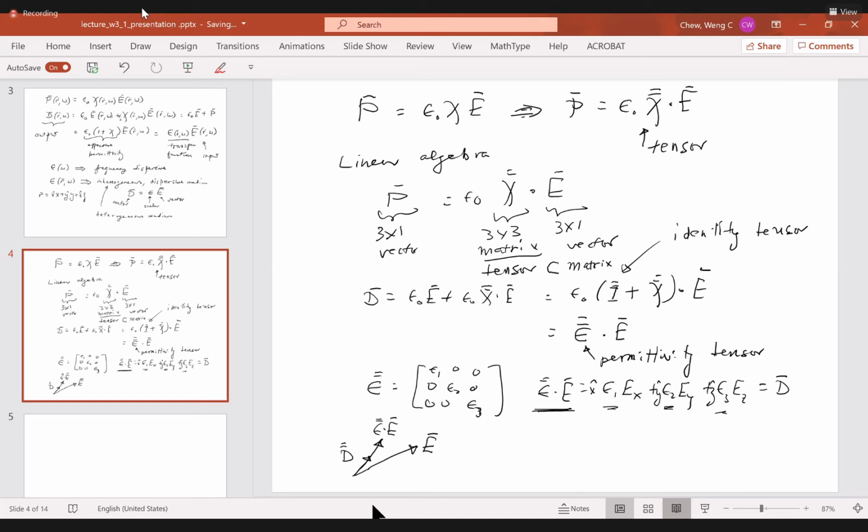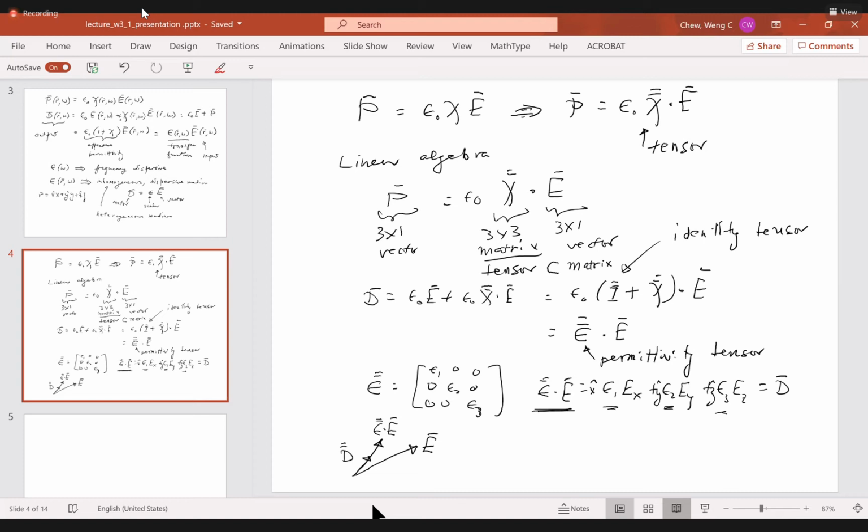There's a peculiarity about tensors. Can everybody see that? Or do you need more clarification? This is a very simple tensor. You can see the physics quite easily, but you can generalize it to matrices that are 3 by 3.